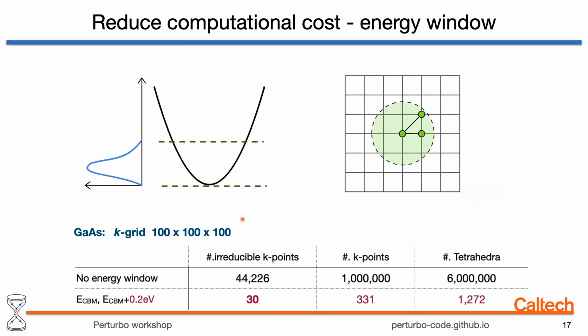So finally, the last technique of implementation that I would tell you about is the definition of an energy window. We know that at a certain temperature, only parts of our energy bands are actually going to contribute towards current, for example. Only electrons within a certain energy window are going to actually contribute towards current.